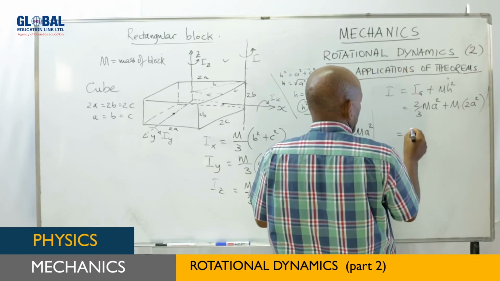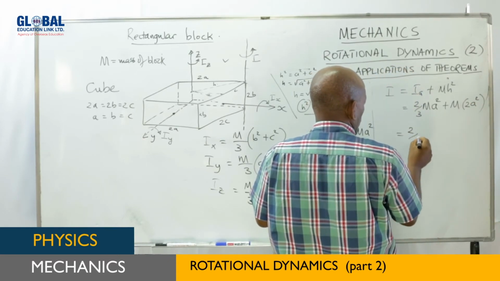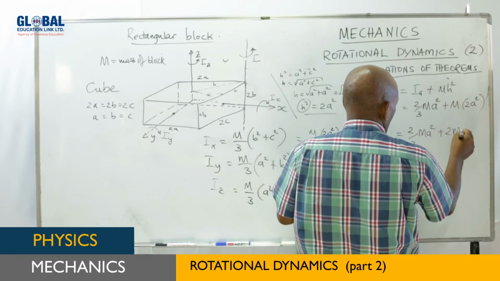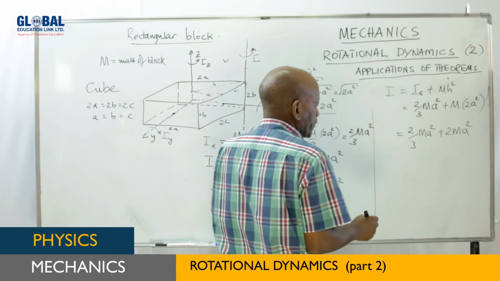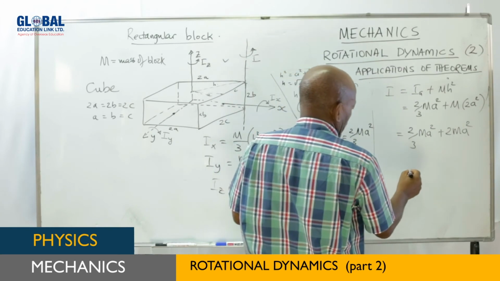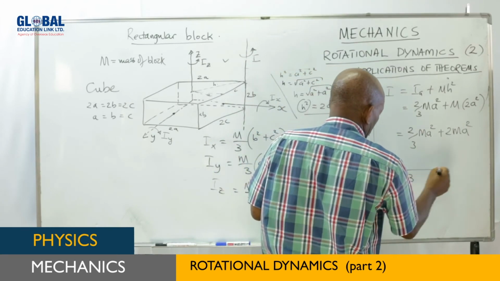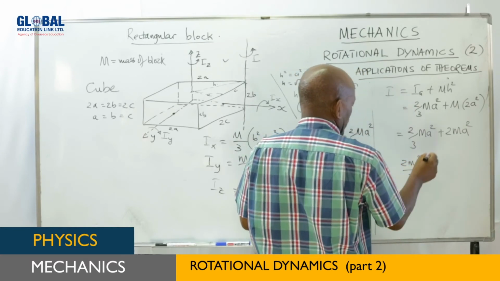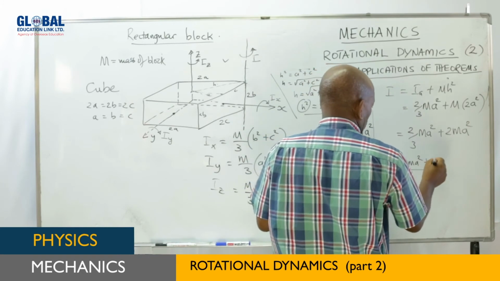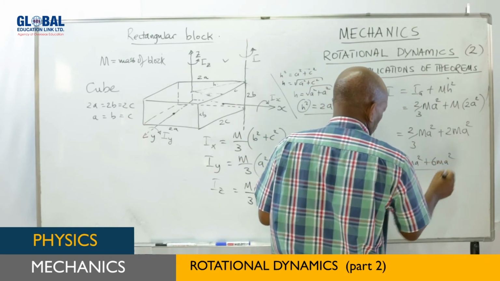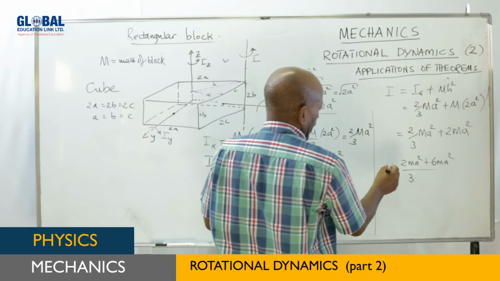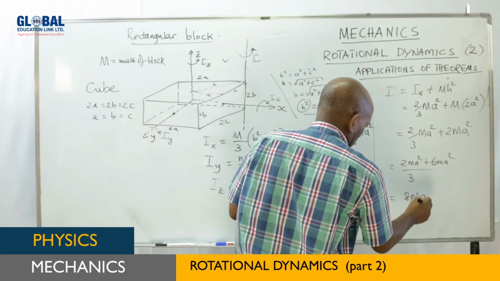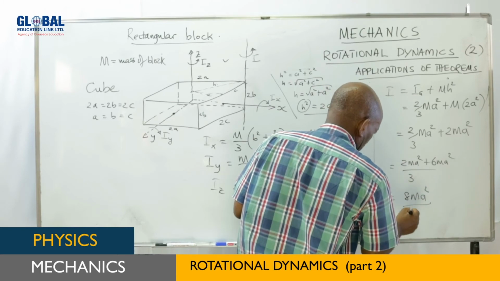That takes me to 2 over 3 m a squared plus 2 m a squared. And therefore, this is 2 over 3 m a squared plus 6 over 3 m a squared, which takes me to 8 m a squared over 3.